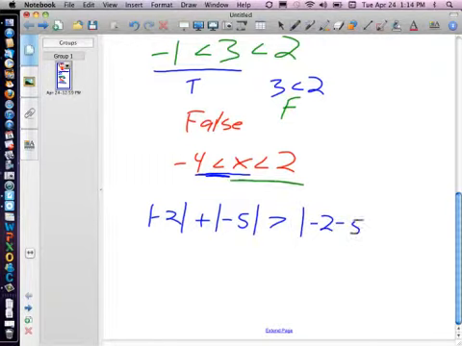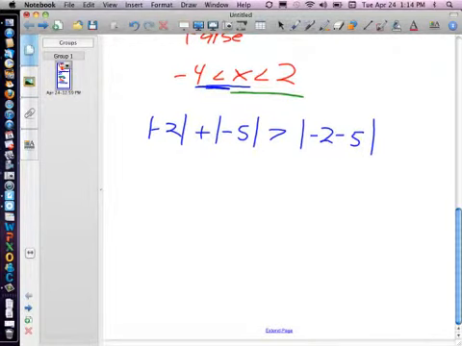Before we determine if this is true or false, we have to simplify each side. So to simplify the left side, it's pretty simple. The absolute value of negative 2 is just 2, plus the absolute value of negative 5, which is just 5. So the left side is 7.